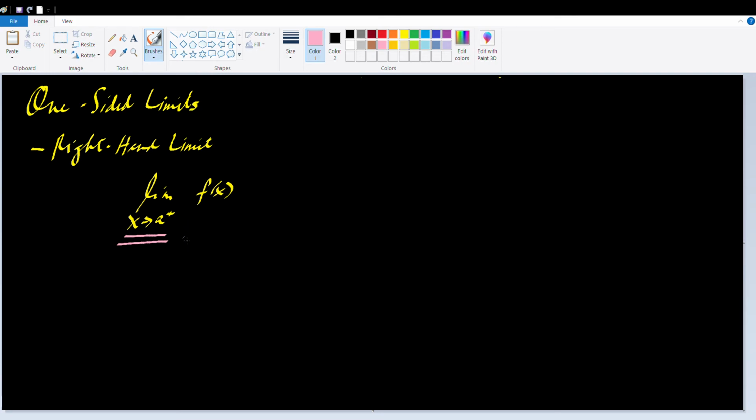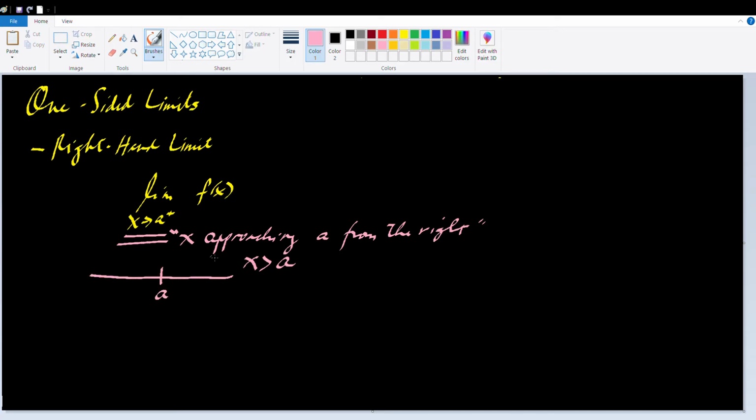This is equivalent to x approaching a from the right. Meaning to say, your x values are greater than a. So on the number line, if this is your a, your x values are coming from the right of a. So it's called the right-hand limit.